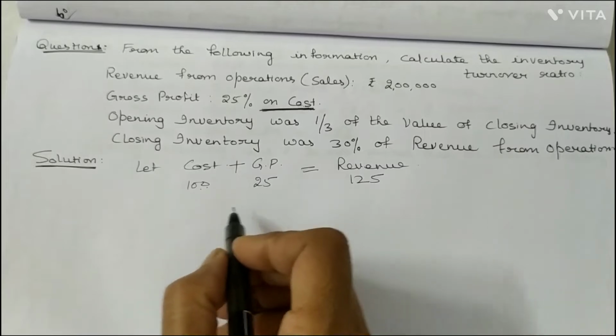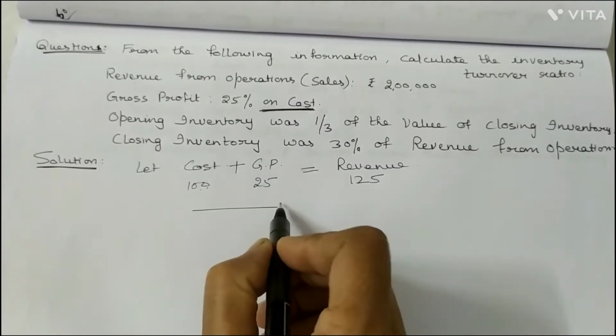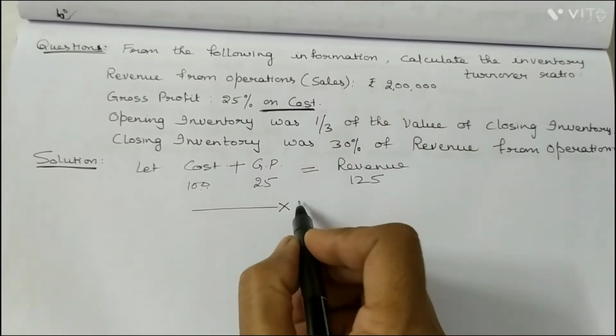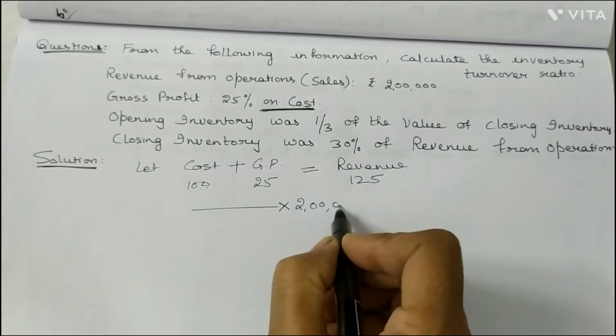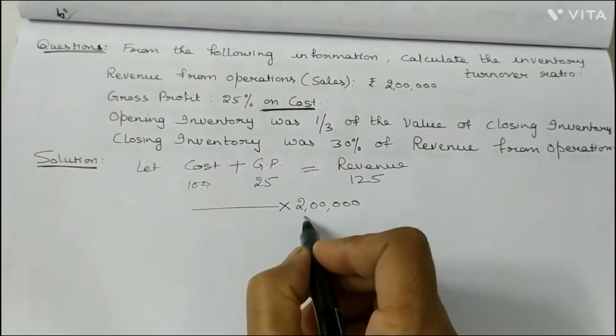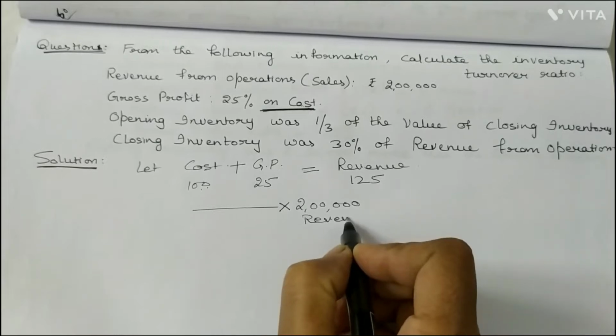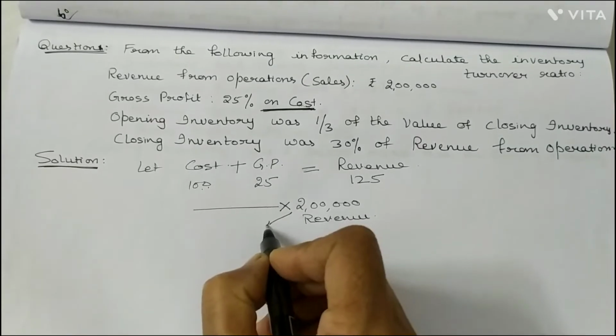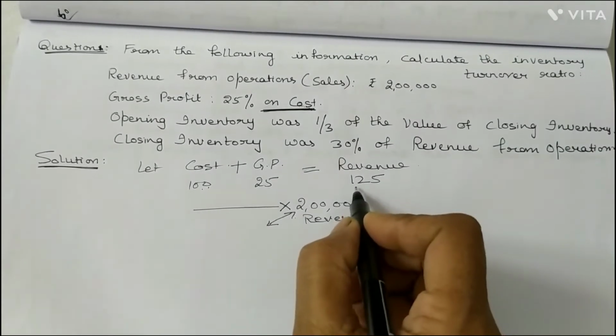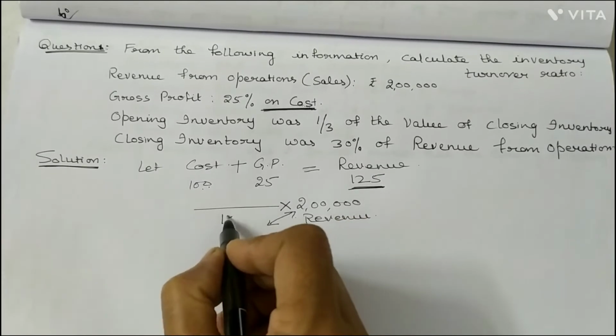As I have already told you, whatever is given in the question, you have to write it here. 2 lakh, this is revenue. So in diagonal, you have to write this revenue 125.